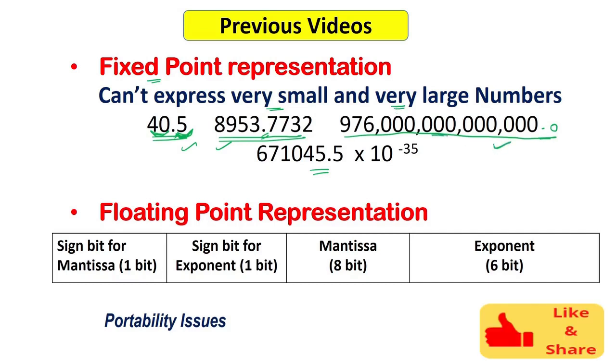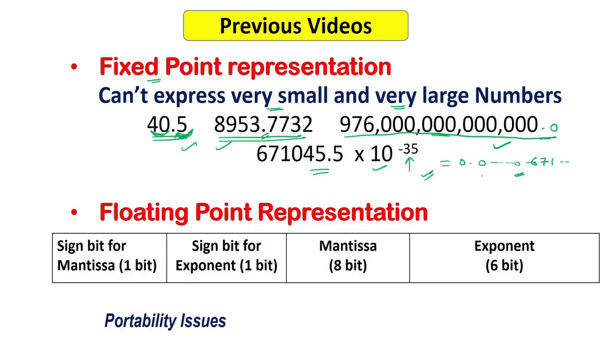The magnitude of it is very large. The same way, this number is very small because this exponent is negative. So this number will be something like 0.000 and so on, then it will be 6710. So this is a very small number. This type of very small or very large number cannot be expressed by the fixed point representation scheme in a fixed number of bits.